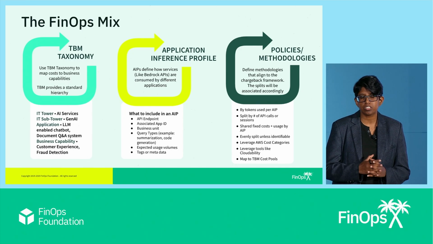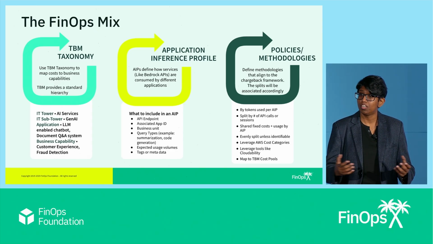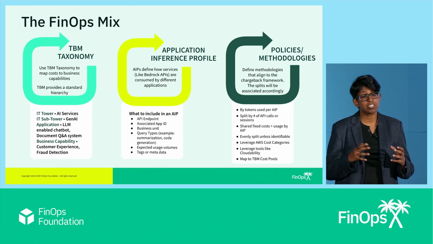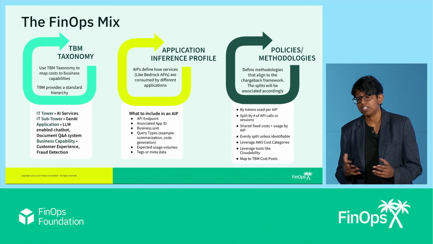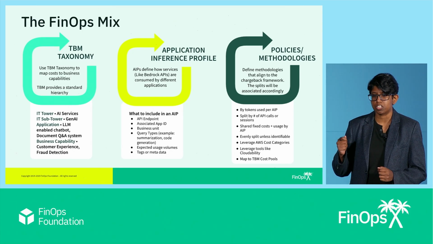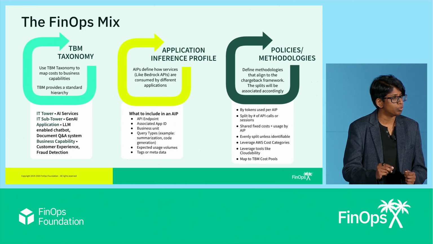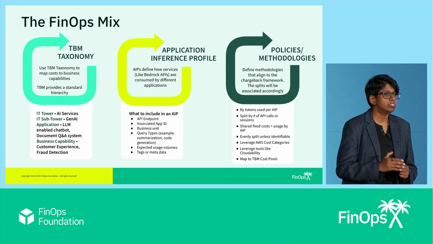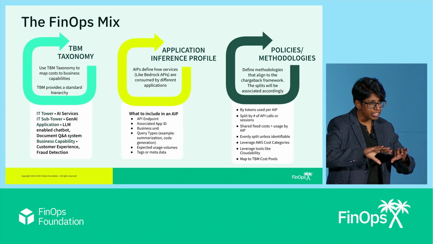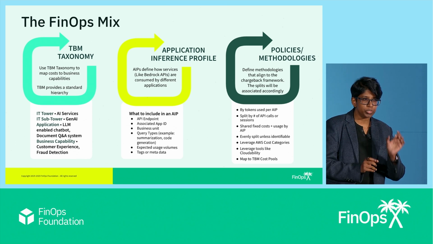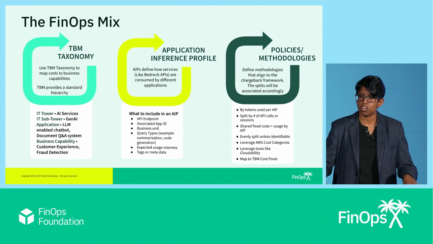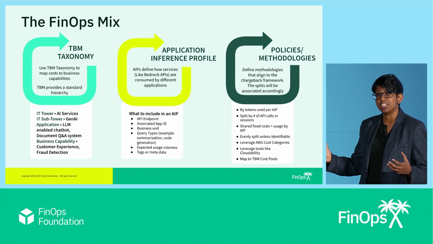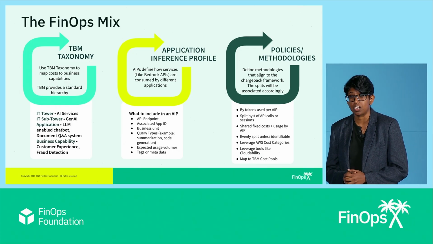So again, it's not the solve-all, but it does help certain model types, at least from what we've seen, enable us to say which departments are making which workload inferences. So even if they're using the same models, we can use the inference profiles to give us that delineation to get which departments are pulling and then get those cost divides. Does it solve every case scenario? No.